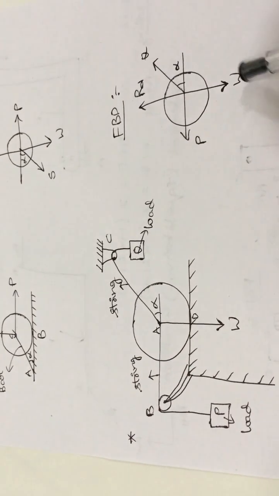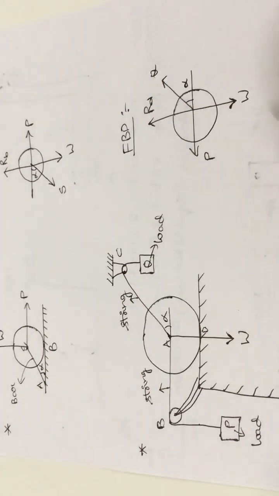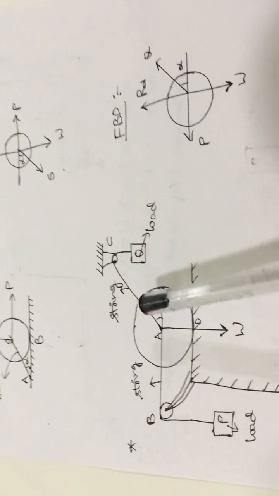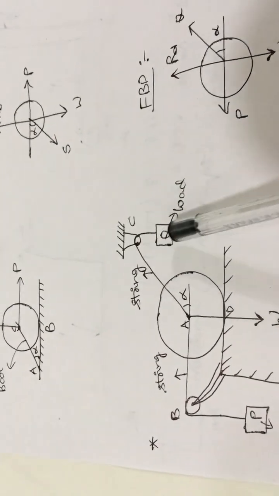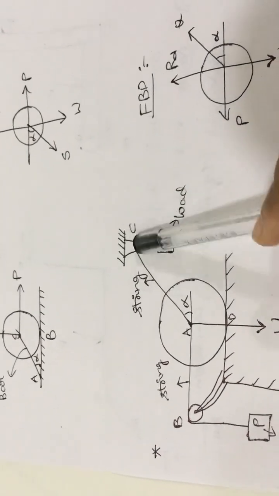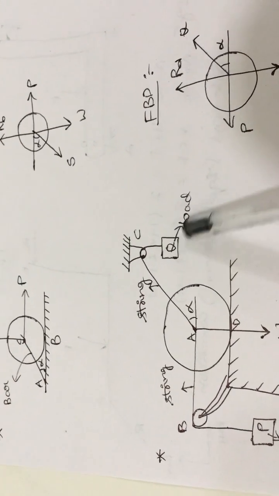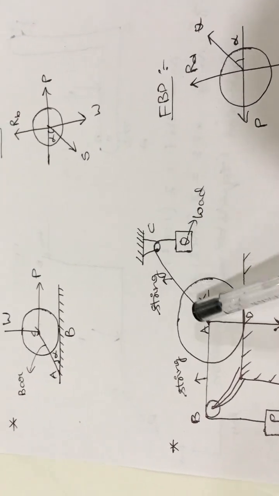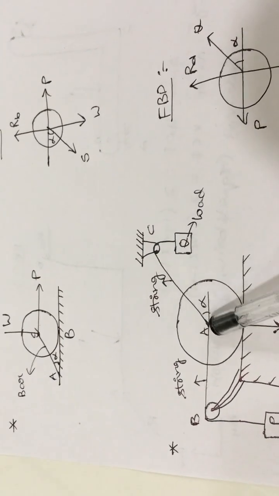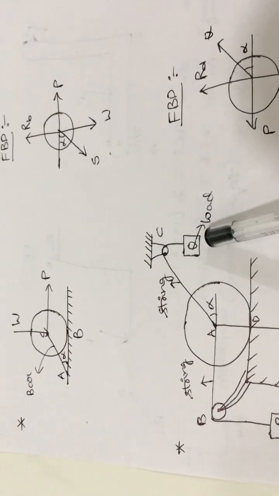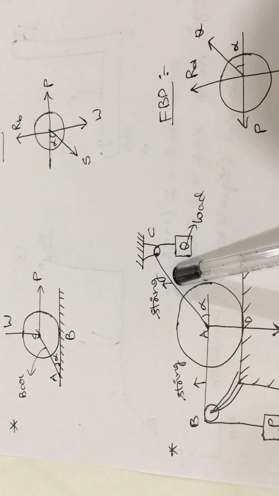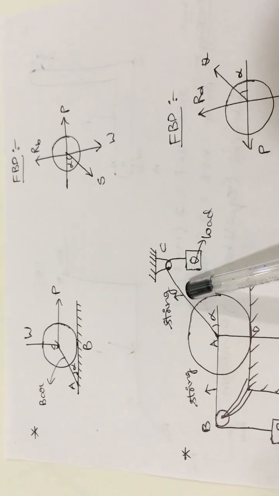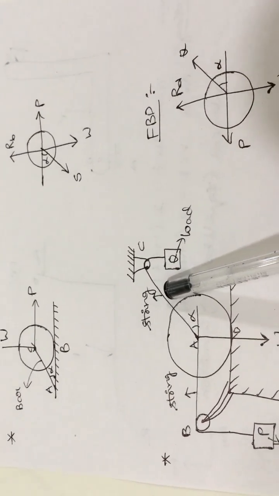So 3 plus 1, 4 completely, you will get 4 forces in the free body diagram. Now here, when you remove this support, this Q load will act along the string, and this string is in the first quadrant. By removing the string you will get a tensional force which is acting away from the body.